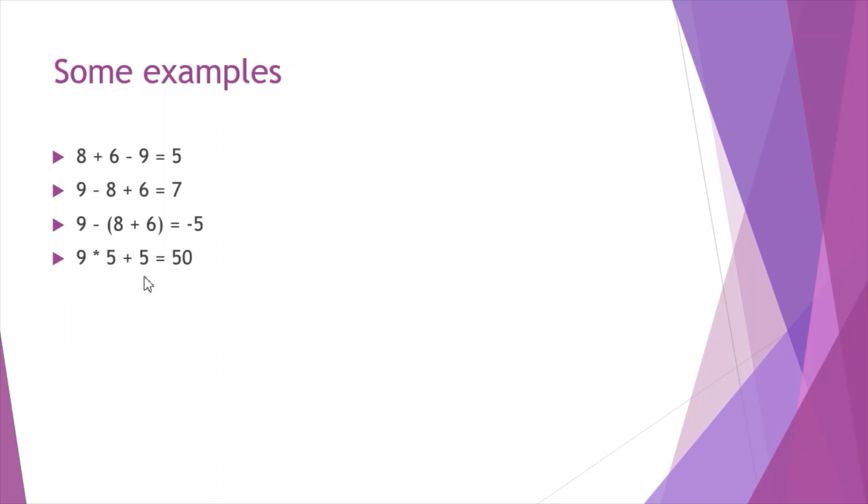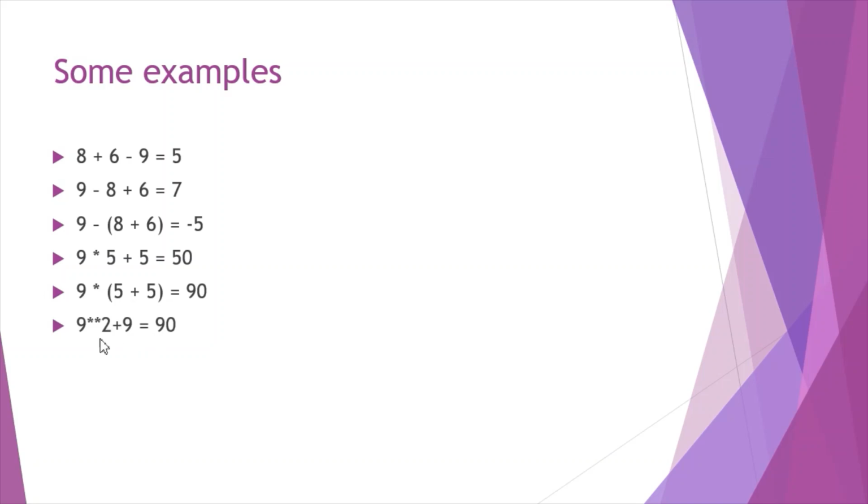Even if the multiplication was over here and it was 5 plus 9 times 5, it would still be 50. So here we have another multiplication, but because we've got parenthesis, we do the parenthesis first. So this is 10, and then we times the 10 by 9, so it's obviously 90.